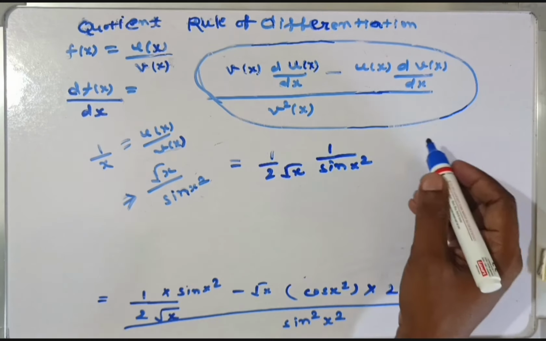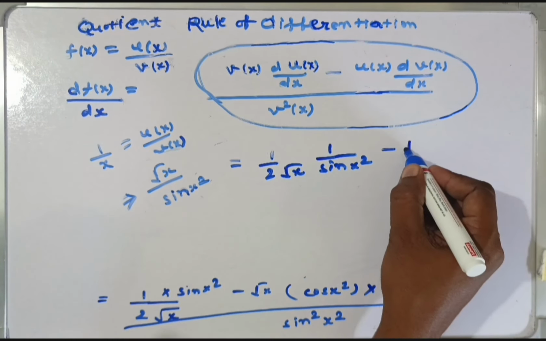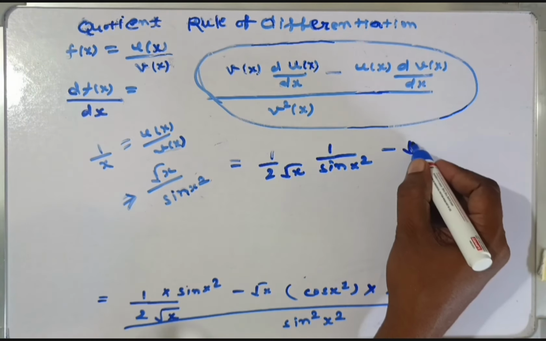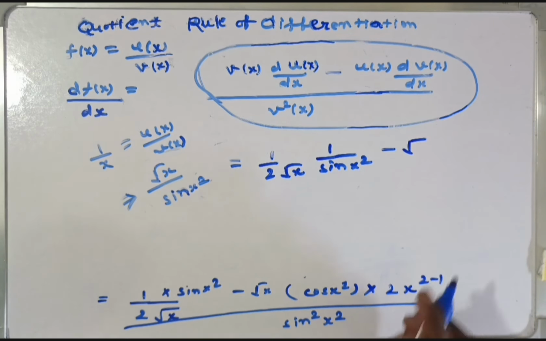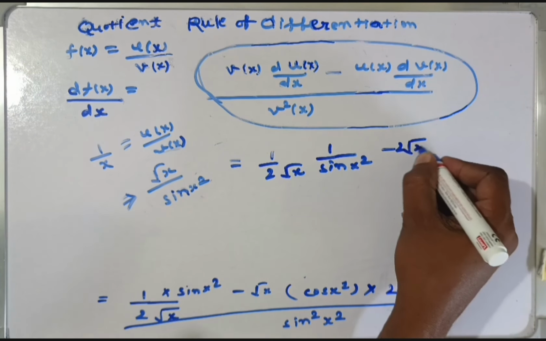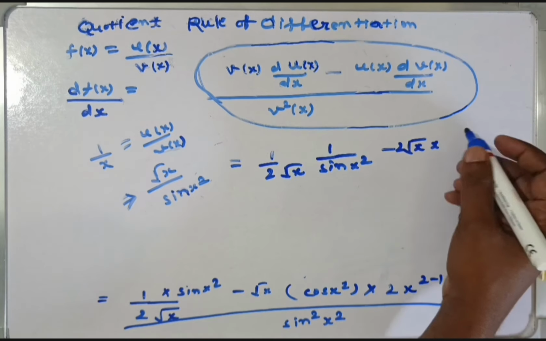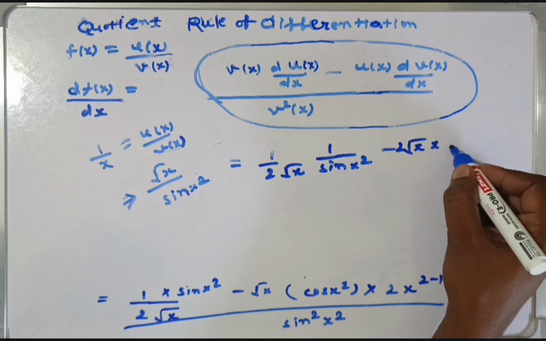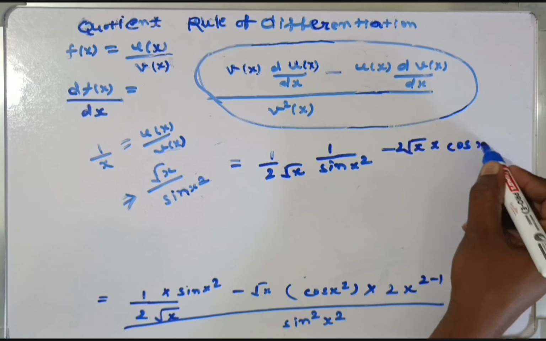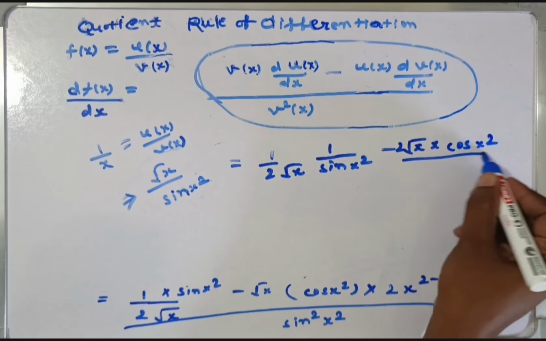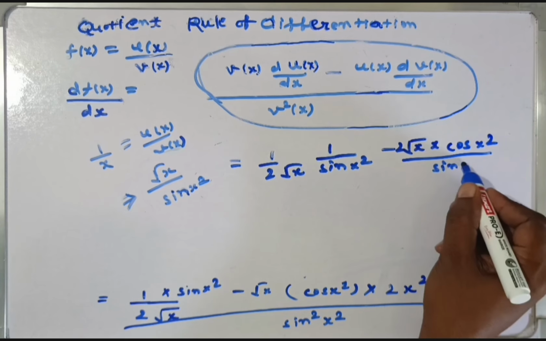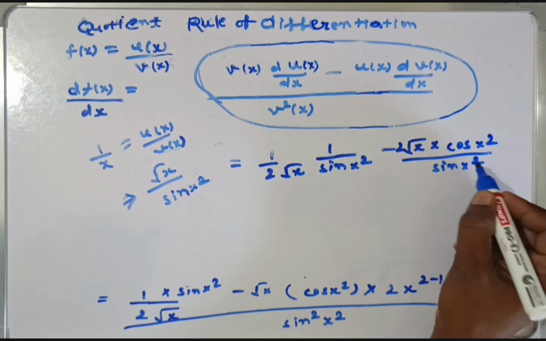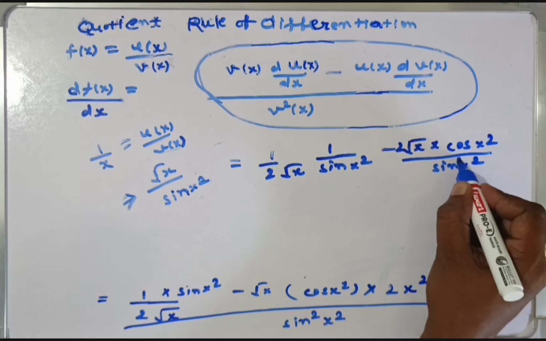Then again we write root over x, and here 2 will come and again x, then this will also be x. And again we can write it as cos x square and then sine x square, or this one is also sine square.